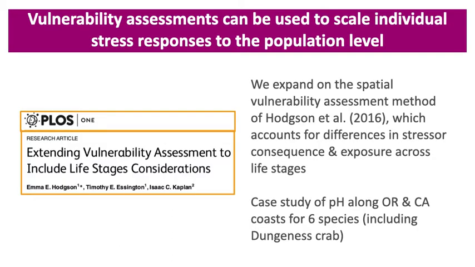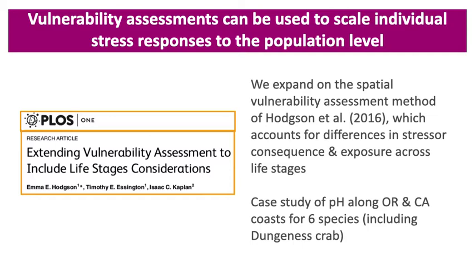We expanded on a method to do this vulnerability assessment that was established by Emma Hodgson et al., who's also a co-author on the work, and it allows us to account for the differences in the stressors' consequence.